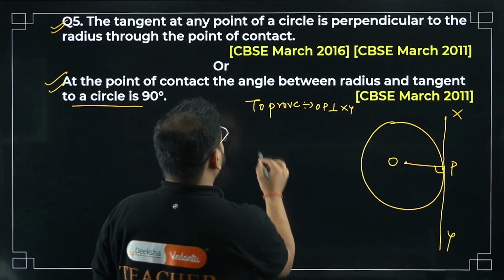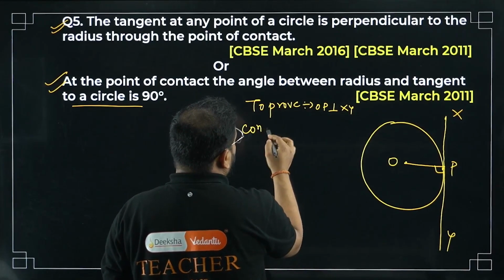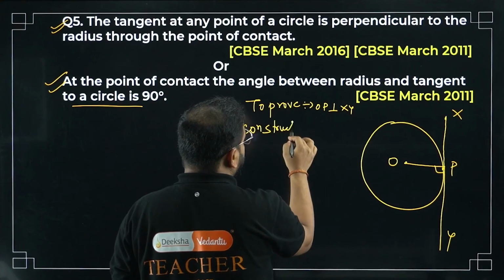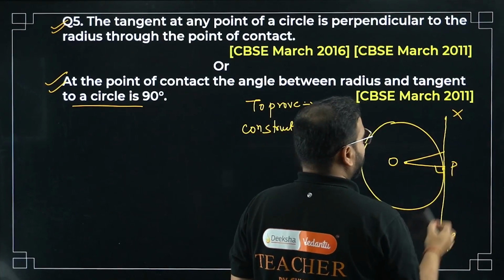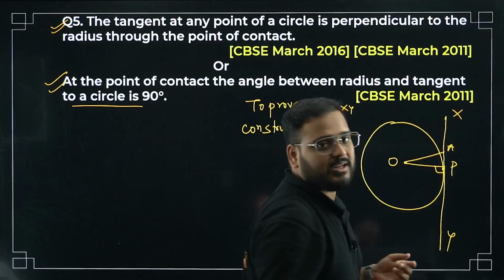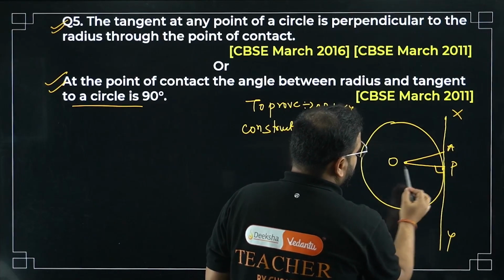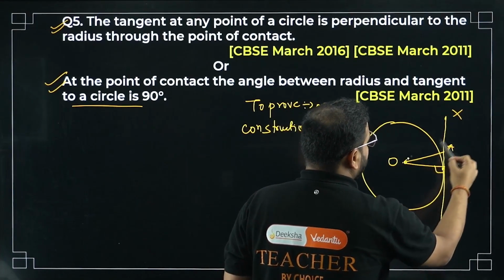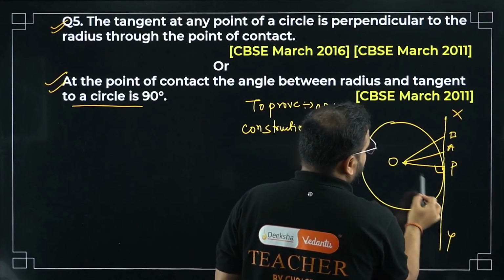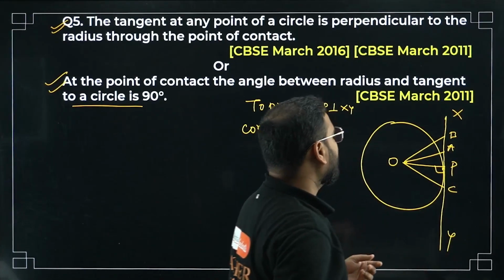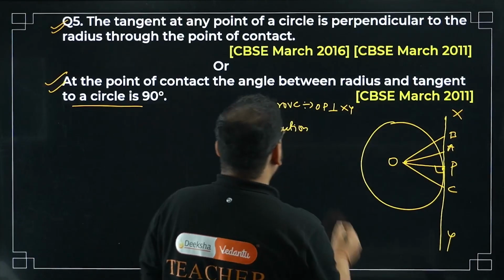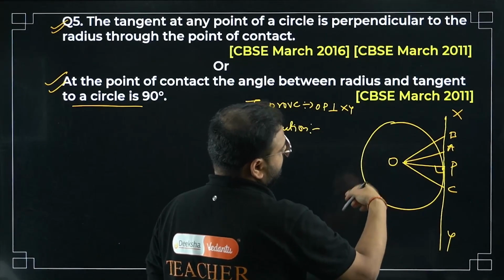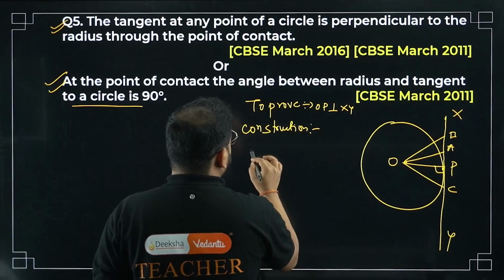So what we're gonna do? We have to take a construction. So construction is: join the line OA, and you can write another line OB, and right here OC. Draw lines OA, OB, OC.